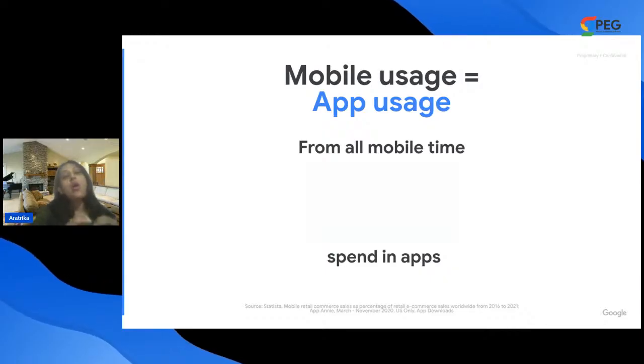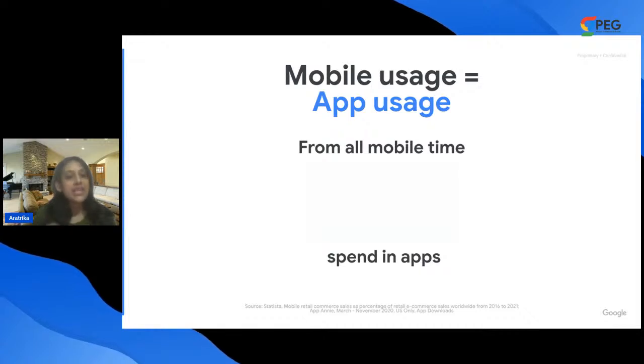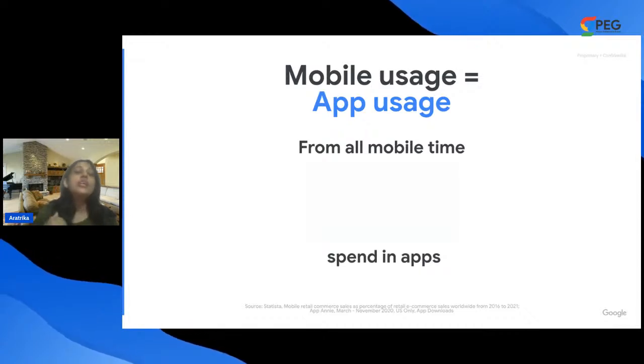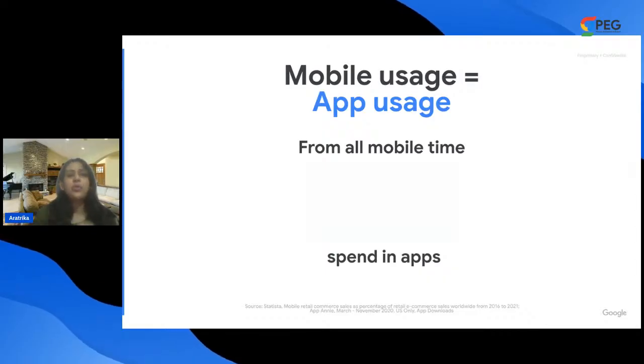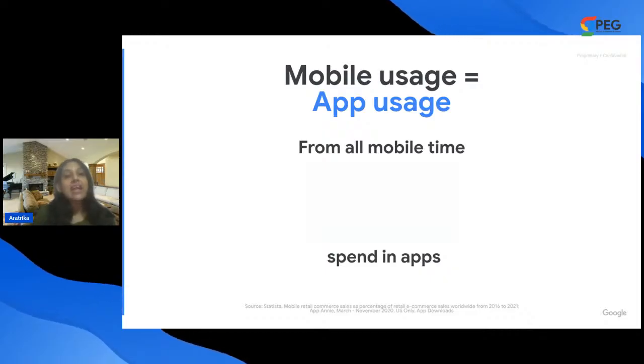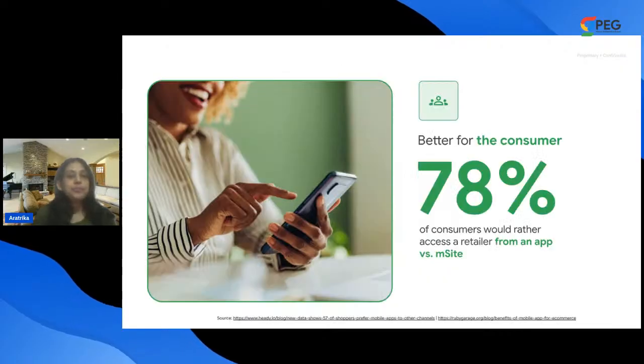Based on our analysis, we have seen that almost 90% of the time that we spend on a mobile, we are actually doing something or the other in an app. It could be a shopping app, a gaming app, or any other app. But we are actively using an app when we are using a mobile.